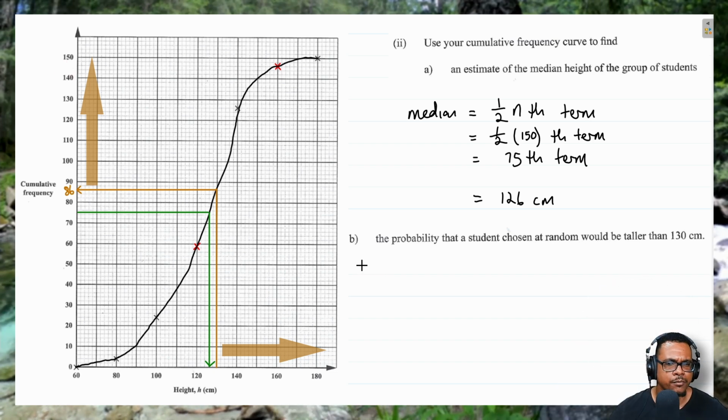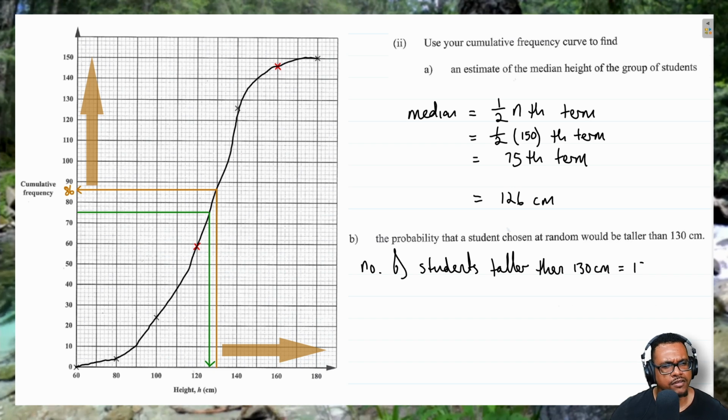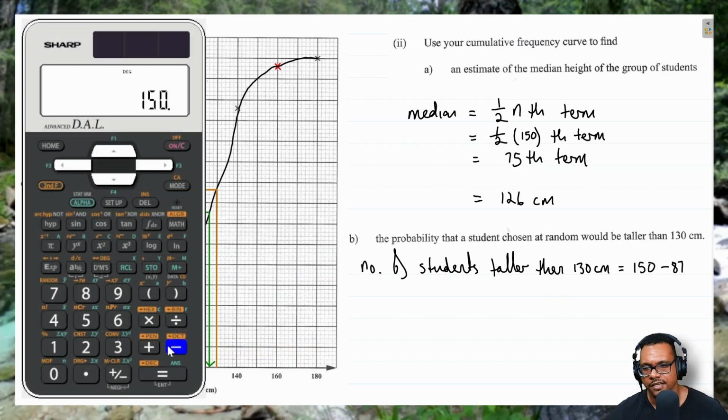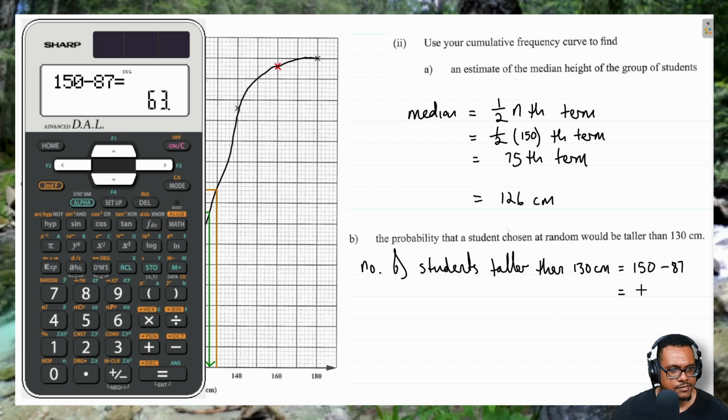So the number of students taller than 130 centimeters will be equal to 150 take away 87. So 150 take away 87 is equal to 63. So we have 63 students here.